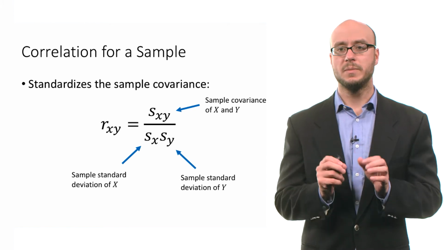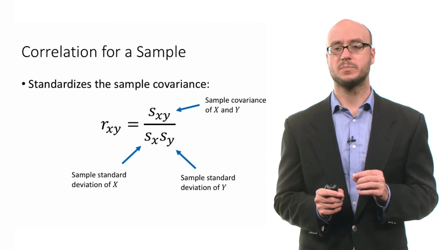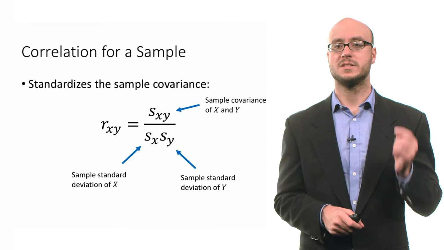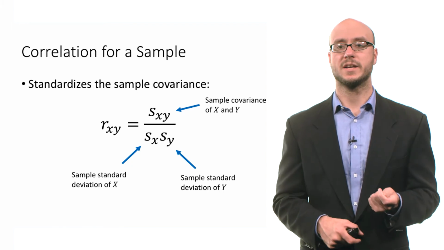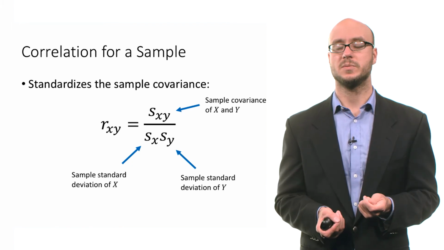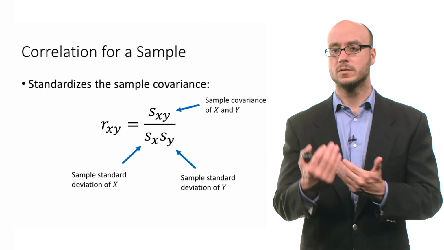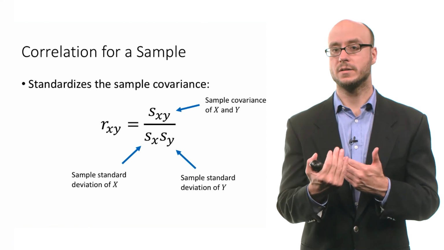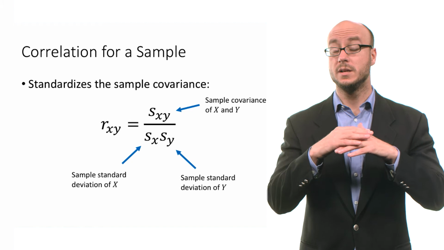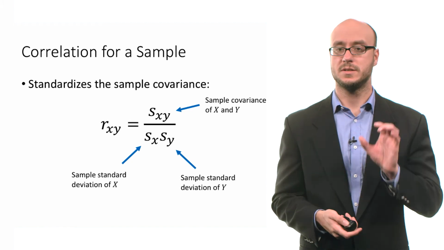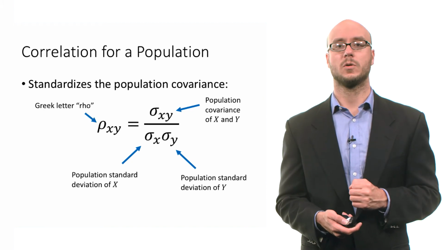Intuitively, keep in mind that the sample covariance is expressed in units of X and Y, the standard deviation of X is expressed in units of X, and the sample standard deviation of Y is expressed in units of Y. Well, those units cancel each other out, and so the correlation ends up being unitless. This is an important property of correlation.